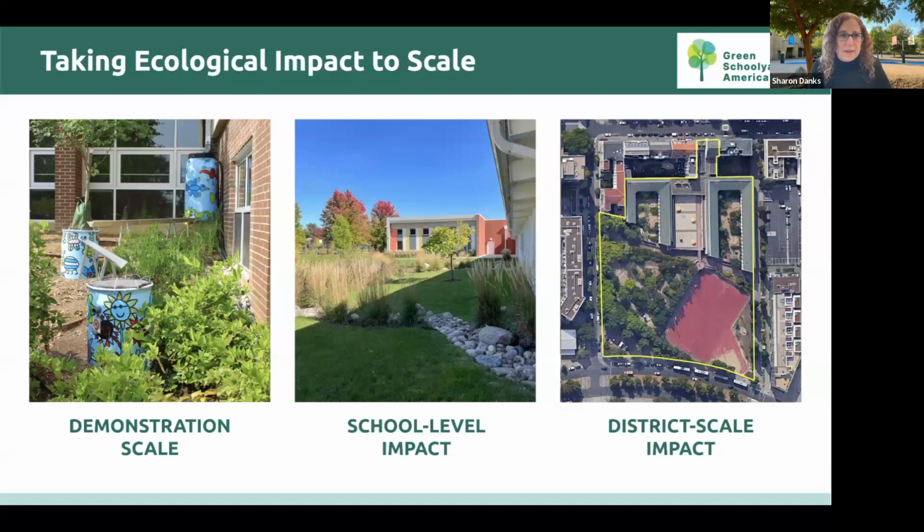The goal is to make them, and you don't have a net zero concept so much in stormwater, but the idea of having them be self-sufficient, taking the water and processing the water that they generate, and doing that at all the schools. So the examples I have follow this pattern of demonstration scale, school level impact, and district level impact. Next.